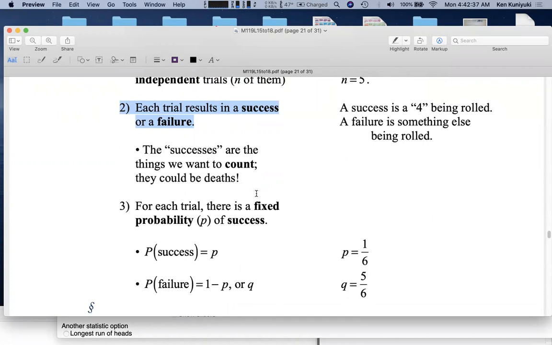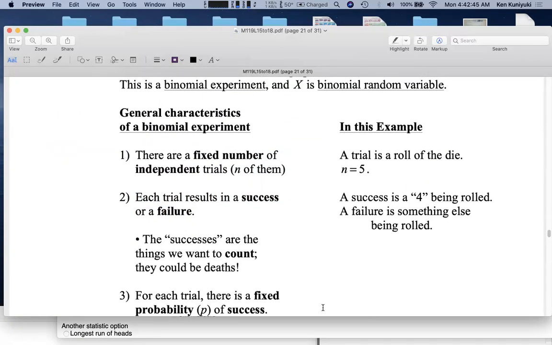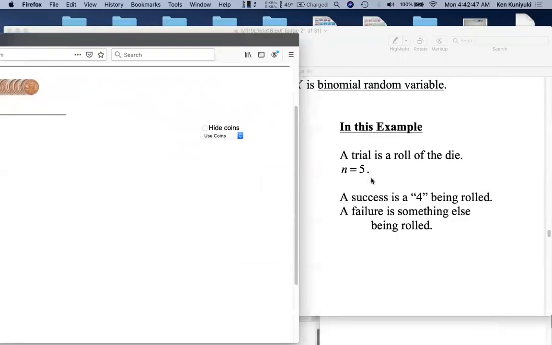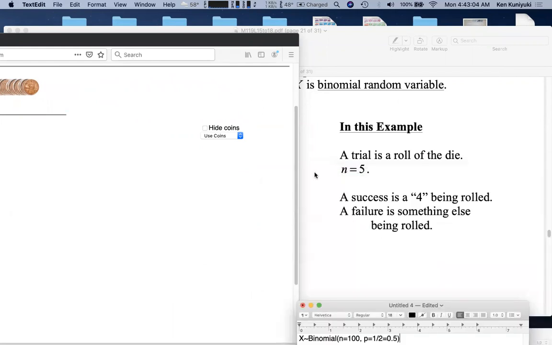P stays at 1/2. It's made of solid metal. Okay, p is 1/2, q is 1/2. So in the coin situation, if X is the number of heads, the number of successes, then X has, as its distribution, a binomial distribution where n, the number of trials, is 100, and p, the success probability per trial, is 1/2 or 0.5, the probability of heads.